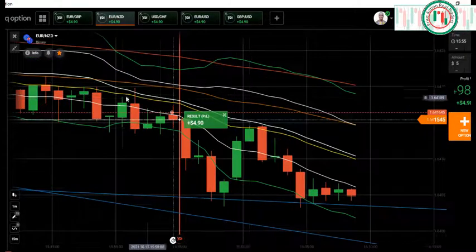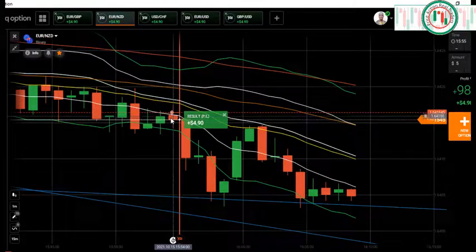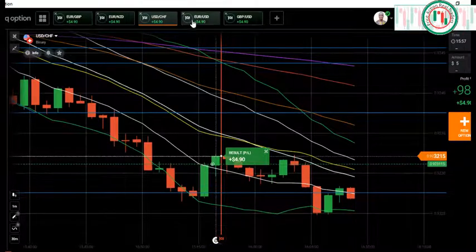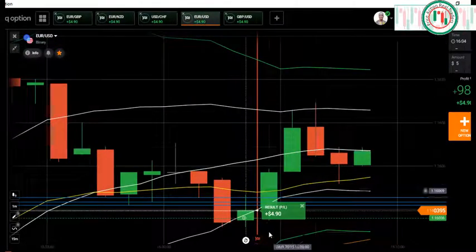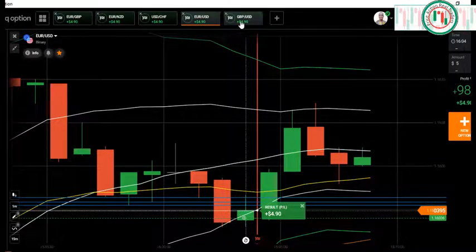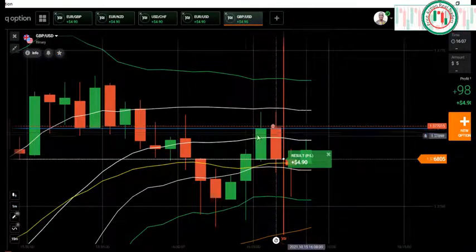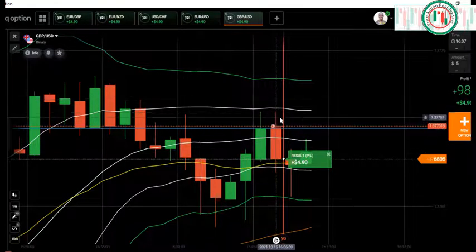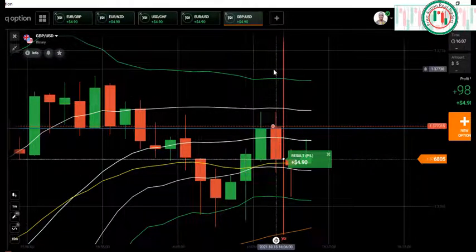The next candle I place put and the candle is red. Then this candle I place call, the candle is green. The first candle I place call, the candle is green as well. And here I place put, the candle is red. So these are the trades I took.